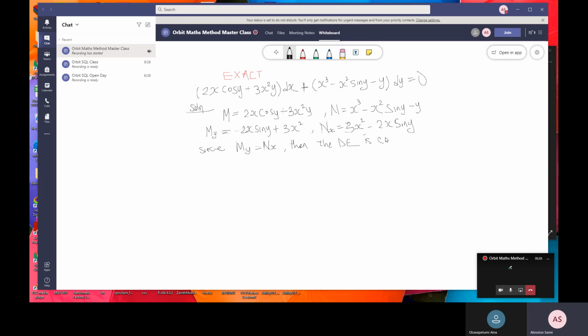The next thing, since it's exact, we proceed to solving the differential equation. So now I will say using grouping method.